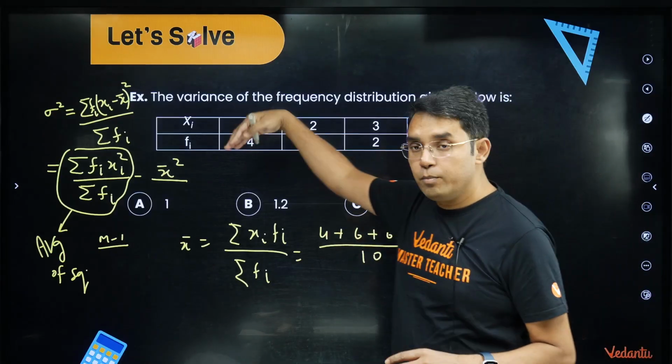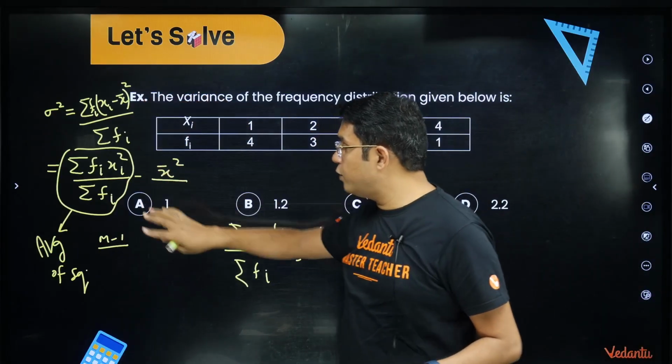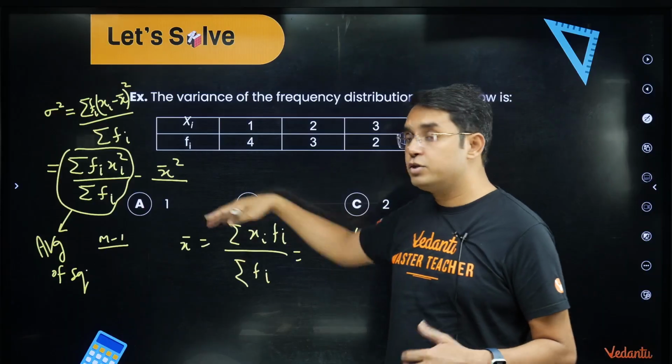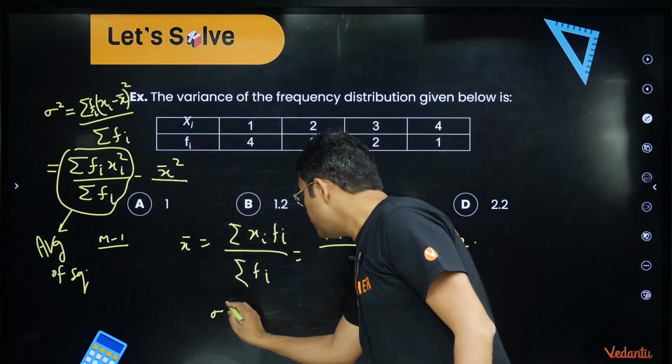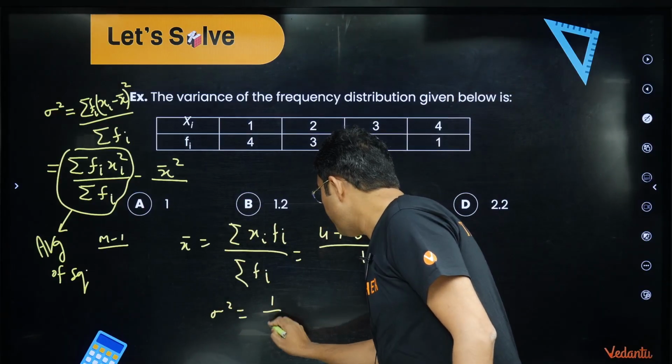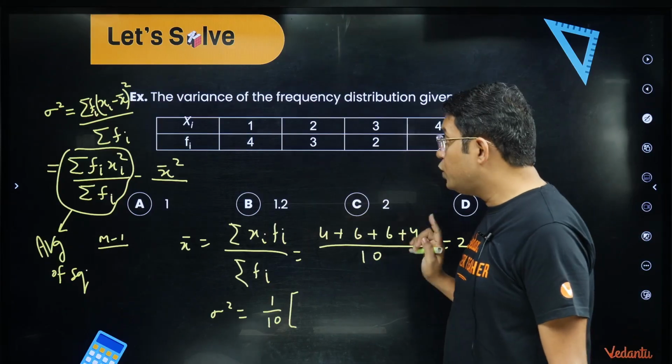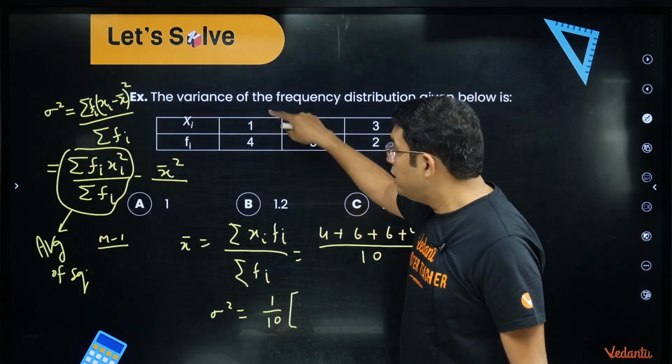Now you can do it in both ways. Let me do first this way, which I have given, average of squares minus square of average. So in this case your sigma square will be 1 upon 10, because sum of fi is 10, into sigma fi into xi square.